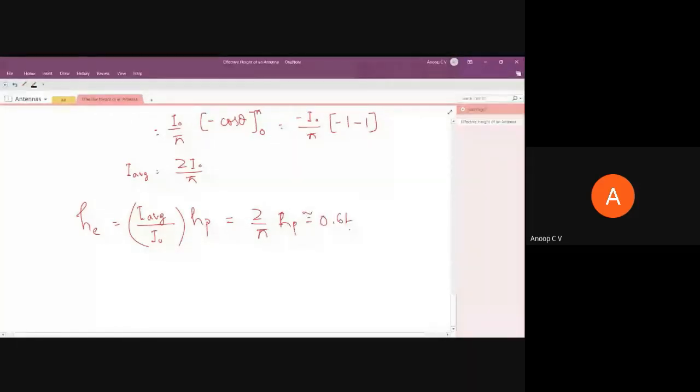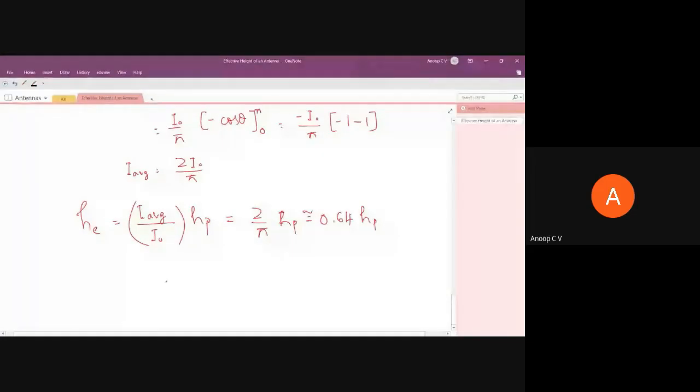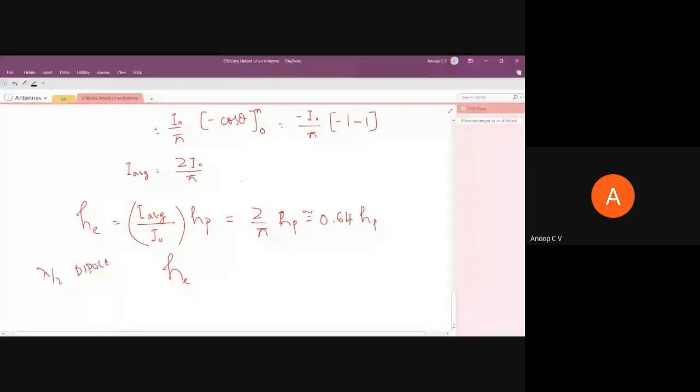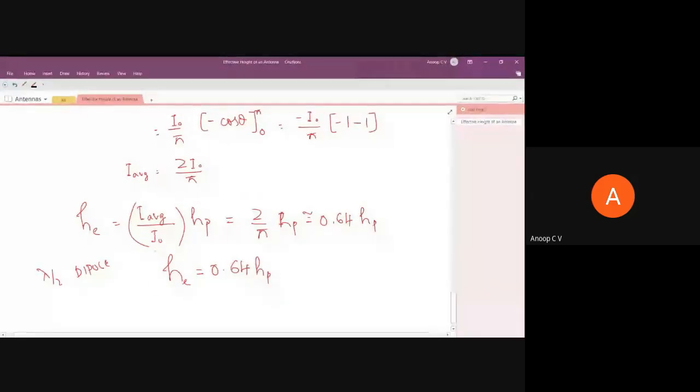For a lambda by 2 dipole only, we'll have the exact sinusoidal current distribution. So HE will be equal to 0.64 times HP.